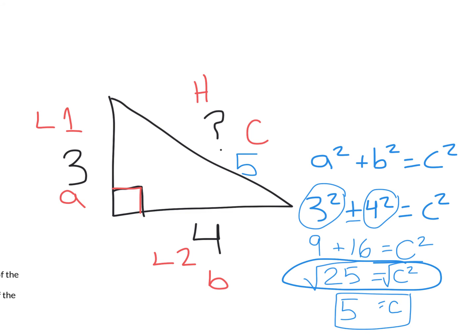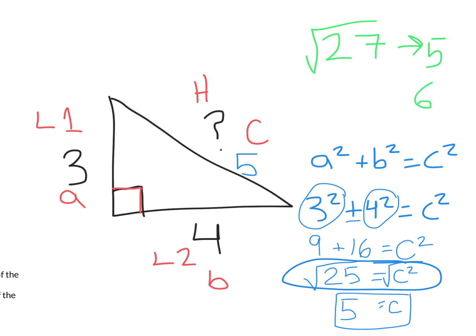So let's say, for example, I'm just going to go on a little side reminder. Let's say that our C squared would have been equal to 27. Well, if we're trying to find the square root of 27, which two perfect squares is it between? Well, it's between 5 squared, 5 times 5 is 25, and 6 squared, 6 times 6 is 36.